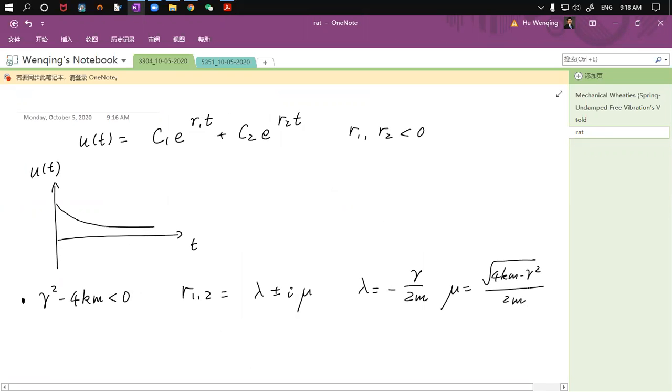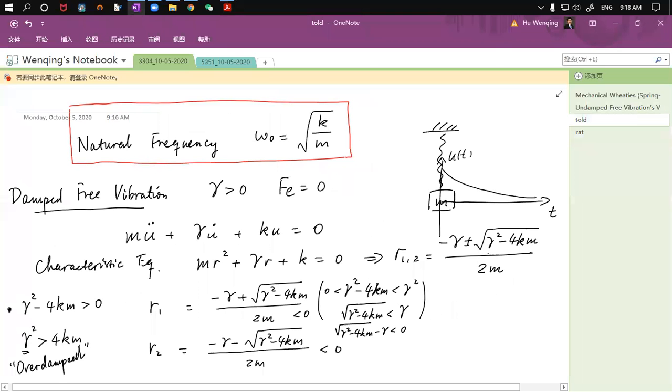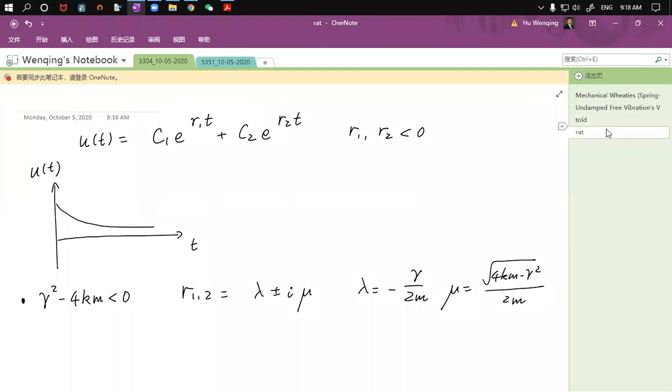Here, I have flipped the sign because I want to have a positive number. So there is going to be an imaginary unit being described here.